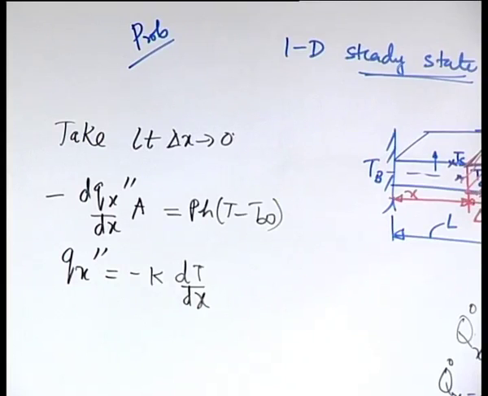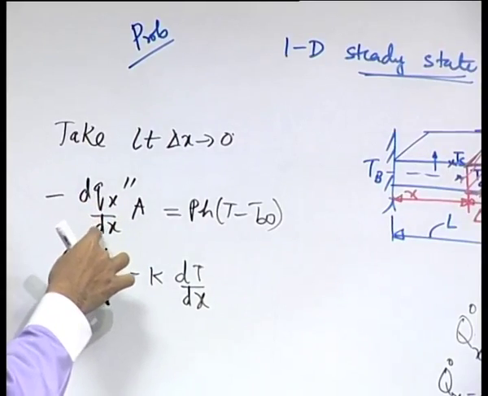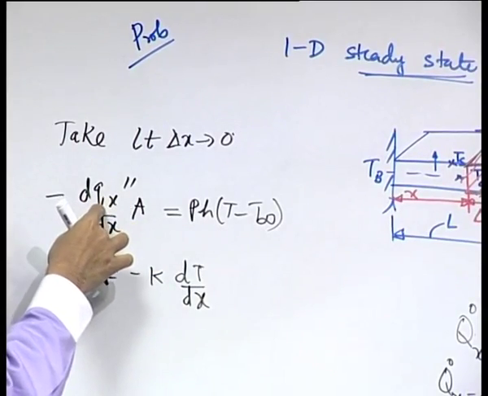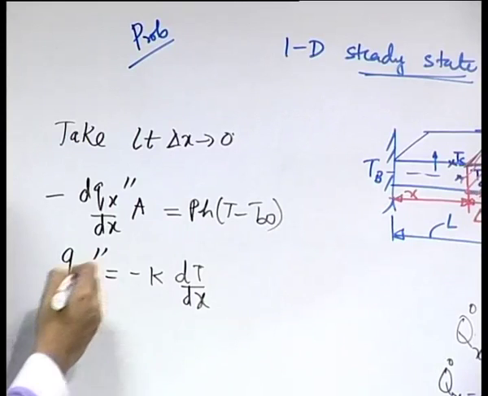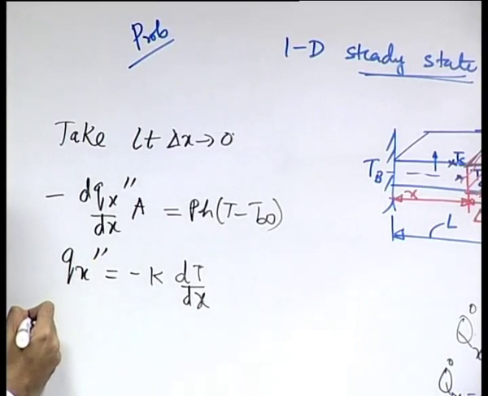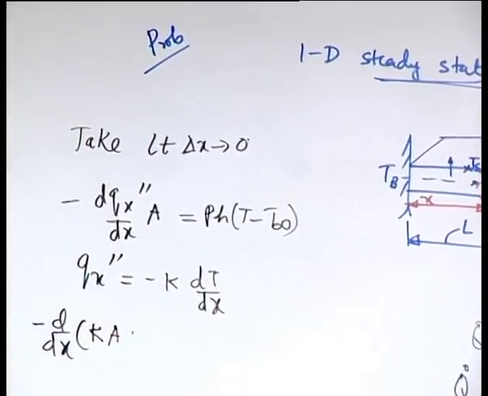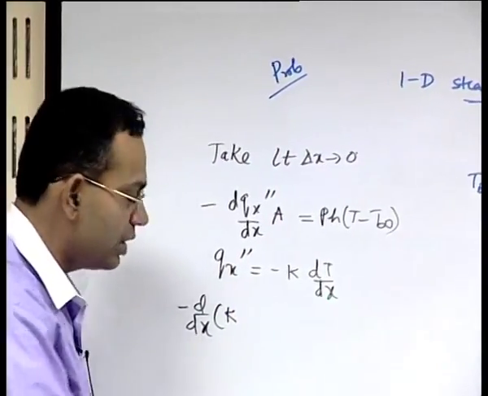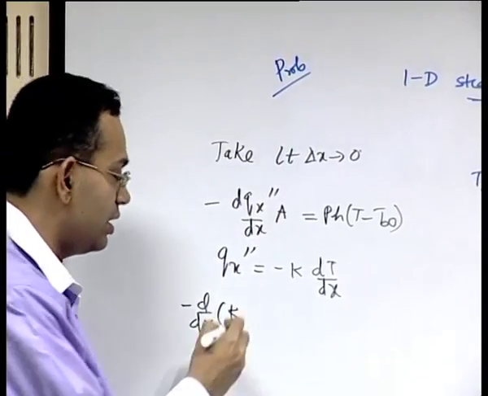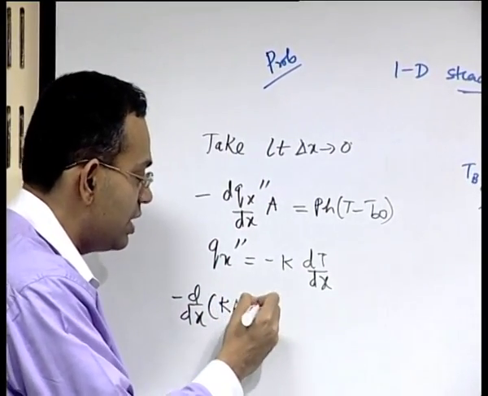Here we are taking a fin of uniform cross sectional area, so that A is a constant, but if A is variable, it would be contained within d dx of A into q double prime. But here since A is a constant, we have minus d dx of k dT dx into A, but A we can put inside or outside, because A is a constant.